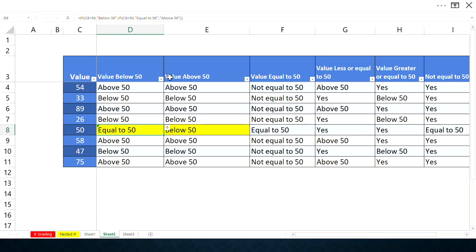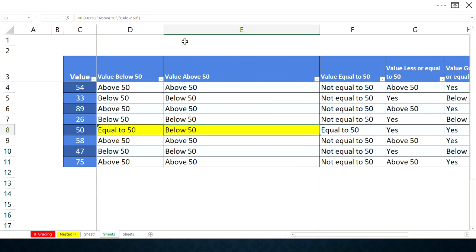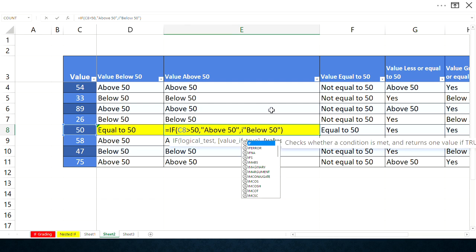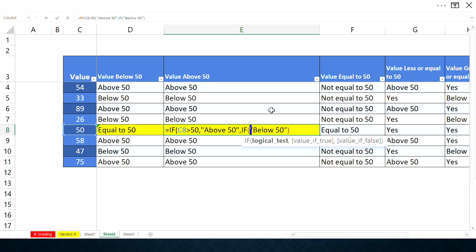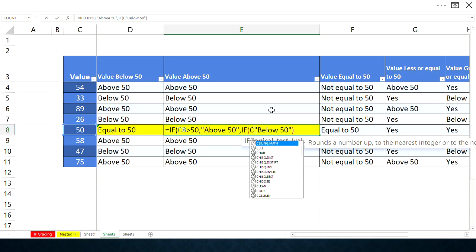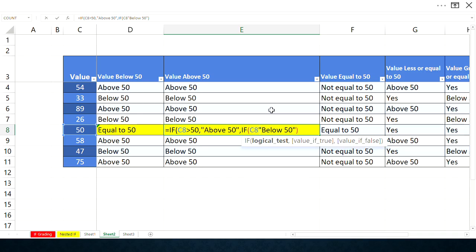Likewise, the corresponding formula should also be modified by inserting another if function to cater for the value equal to 50, as we have done in the previous case. So here we have value equal to 50, and then we put the corresponding result.